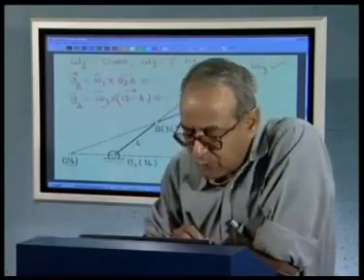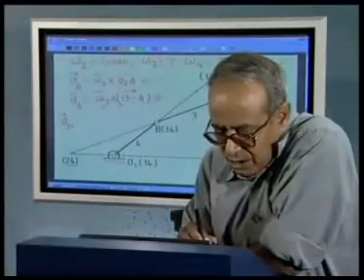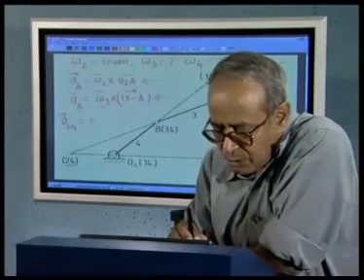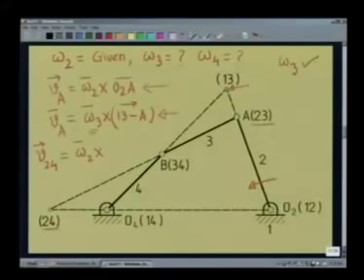If I consider 2, 4 to be a point on body 2 which is rotating about O2, so velocity of this point 2, 4, considering it to be a point on body 2, is omega 2 cross the vector O2 to the point 2, 4.